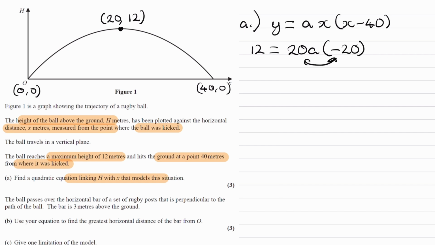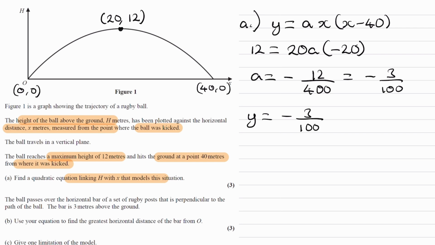These two times together are minus 400. So a is equal to minus 12 over 400, just rearranging, which is minus 3 over 100. Now we have a, now we have our equation for our quadratic. Just putting that a back into the expression up here, that is our answer for part A.